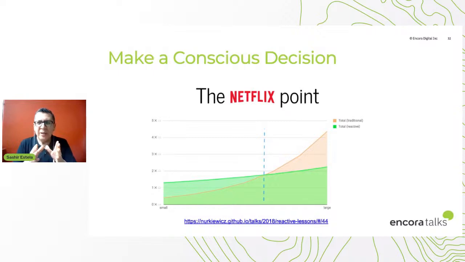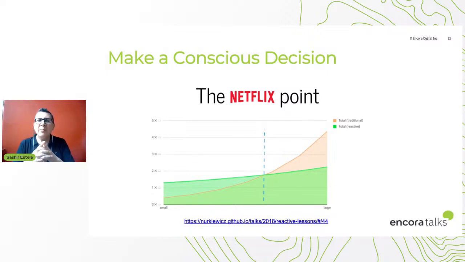But we have a break-even point where things change, because from that point it's more beneficial to use the reactive approach. The author of this diagram called this break-even point the Netflix point.